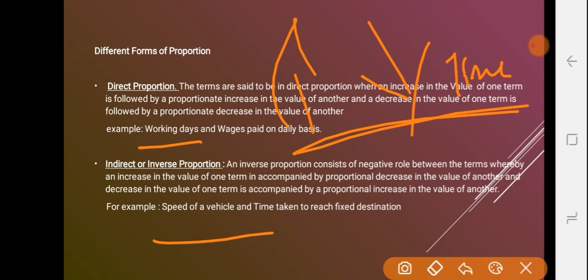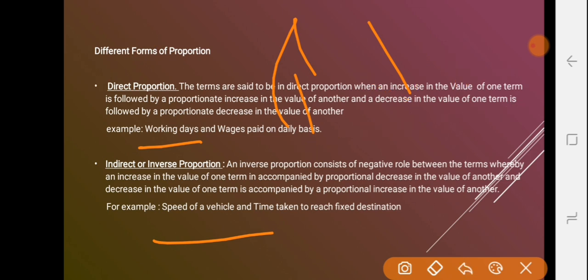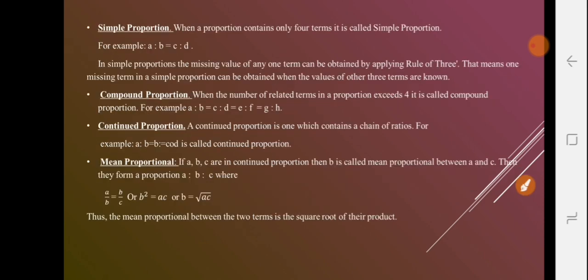Okay, so we will be working out sums based on these two concepts also. We'll move on to the next forms of proportion. We have simple proportion. Simple proportion is one containing only 4 terms. No other extra terms here. We are comparing a, b, c, d only.